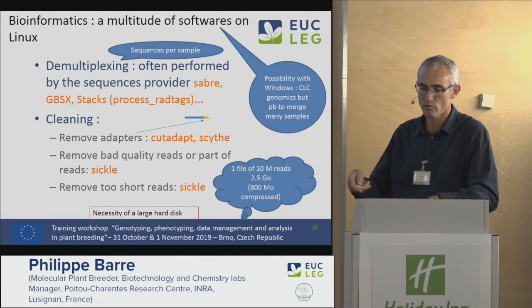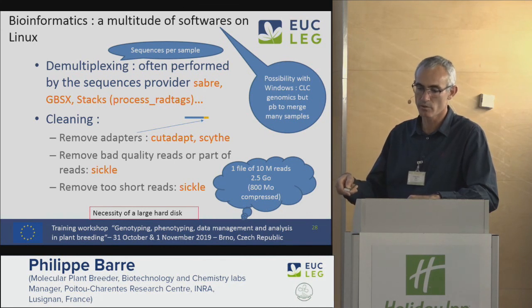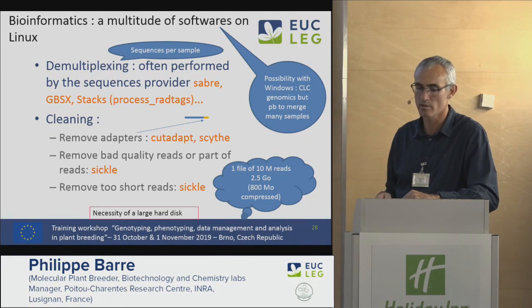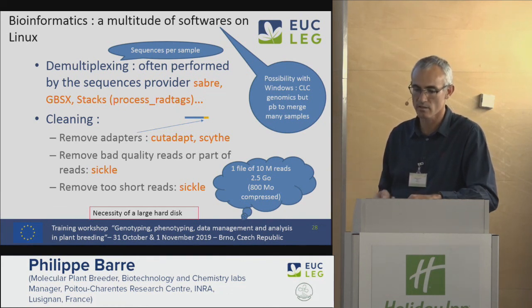We tried GBS6, and it worked fine, so it's not a problem. For the cleaning, you want to remove the adapters, so you have different software like CutAdapt or Scythe. You want to remove bad quality reads or parts of reads because of the size, so you have another one, Sickle. To remove short reads, it's Cycle.